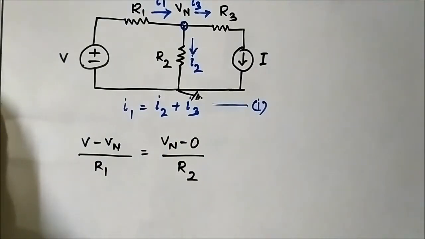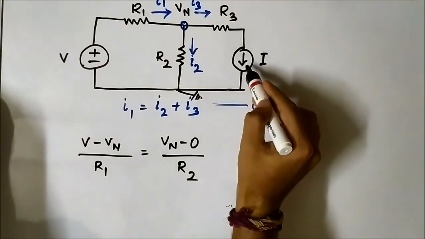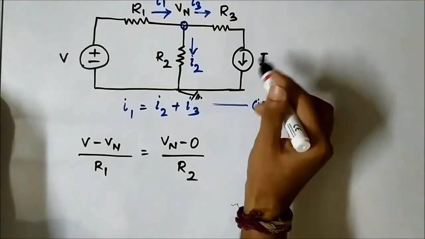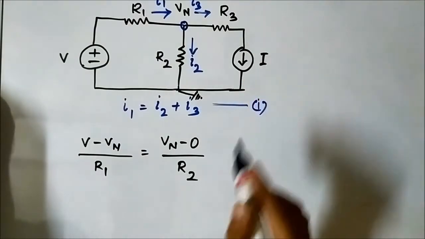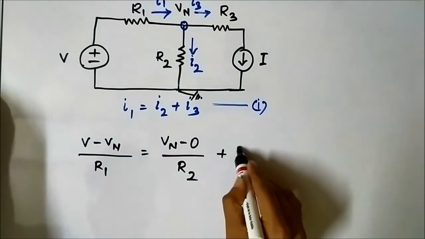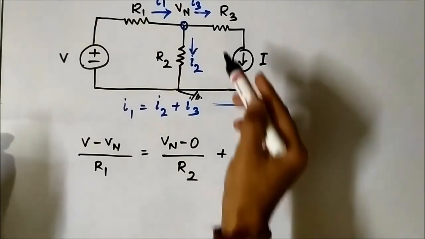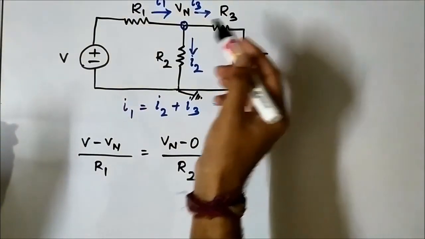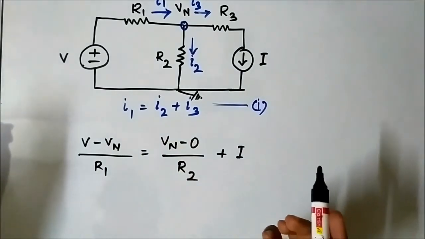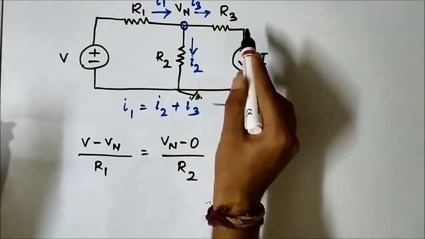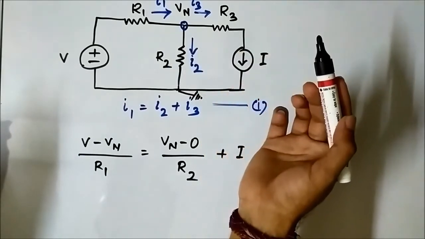I3 is simply I. Here, as it is given that this current is I, we have to write it as I. This resistor, whether it is there or not, makes no difference, because a current source in series with a resistor has no significance.